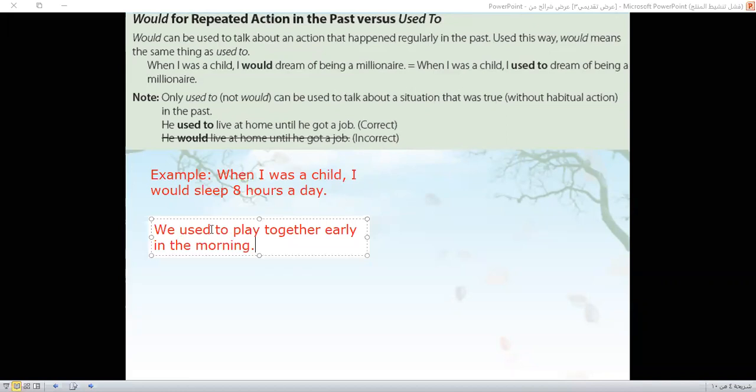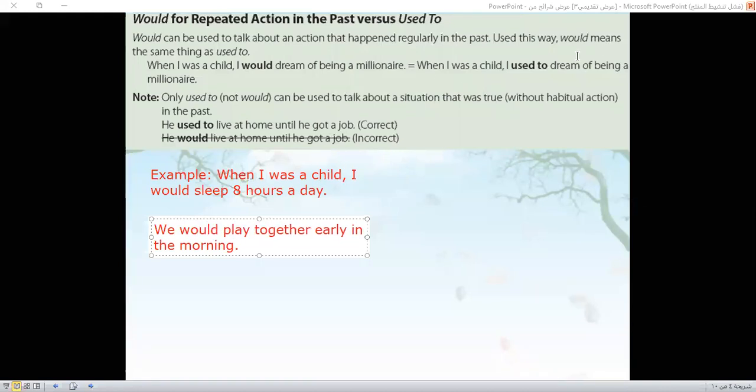Yes, if I want to use would in the sentence instead of used to, what shall I do? We would play together. Very good. So pay attention that you shouldn't use to. I'm just going to say, we would play together early in the morning.